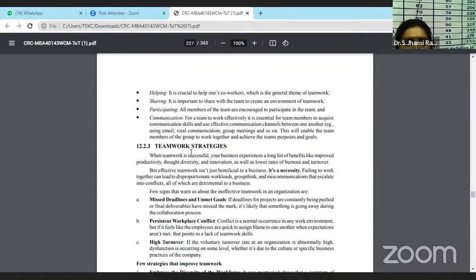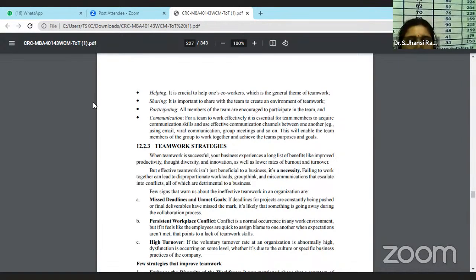And we have teamwork strategies, because whenever teamwork is successful, your business experiences a long list of benefits, like improved productivity, increased diversity and innovation, as well as lower rates of burnout and turnover. Effective teamwork isn't just beneficial to a business, it's a necessity.